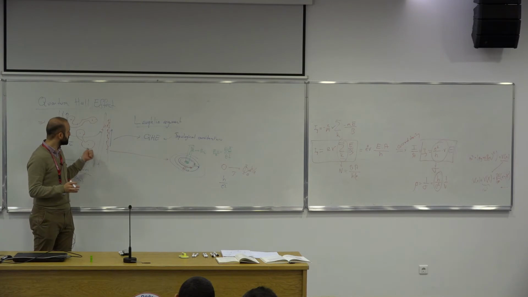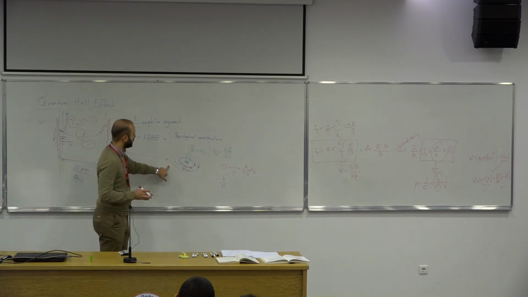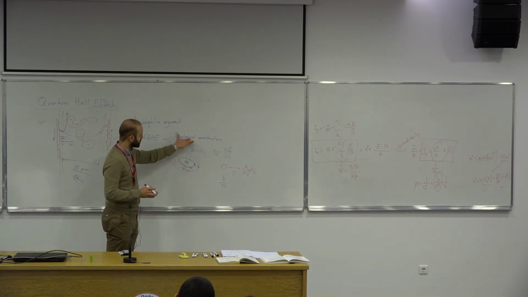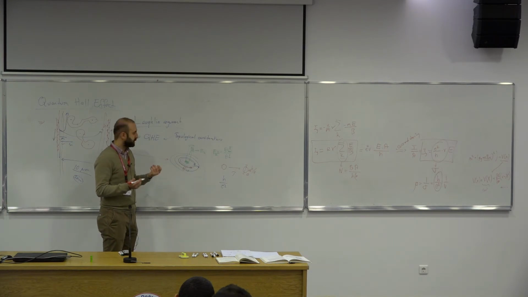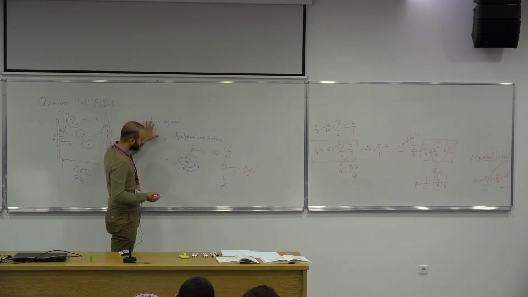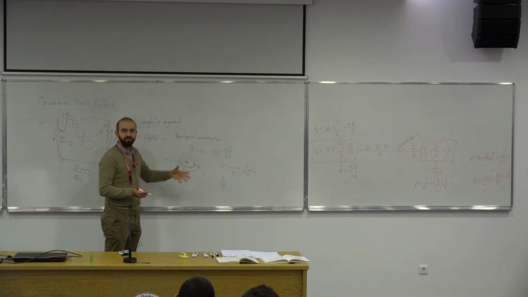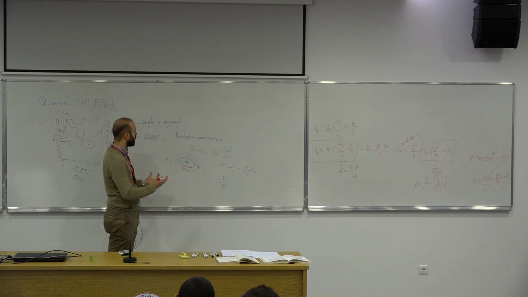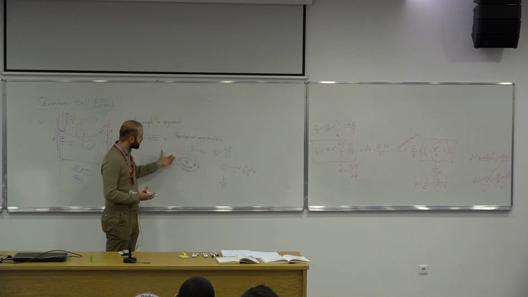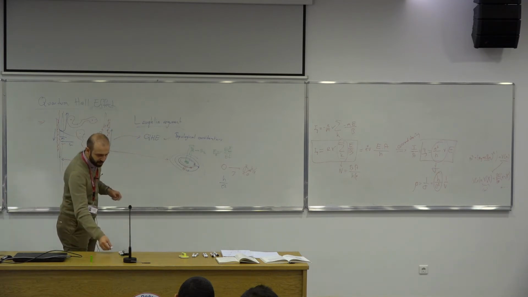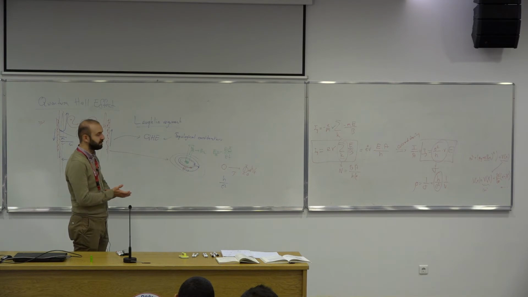So these two geometries are topologically the same. So based on these arguments, there is a whole different way of looking at the quantum Hall effect and effects that have these topological properties. But at the moment, I think this much should be enough.